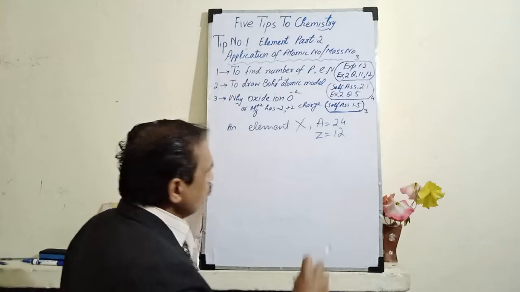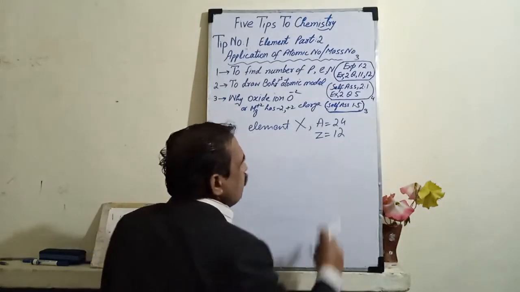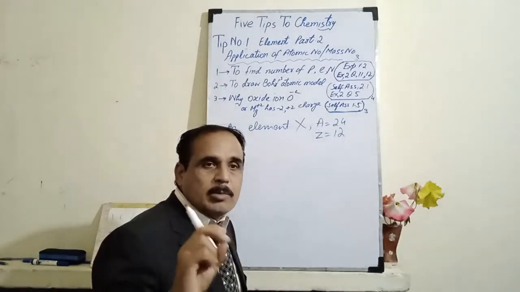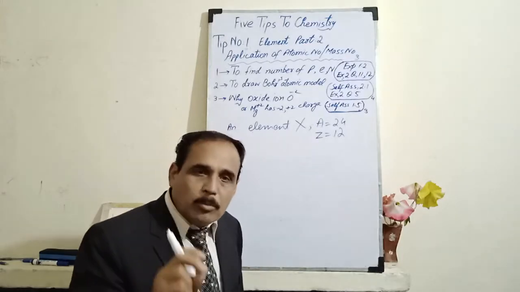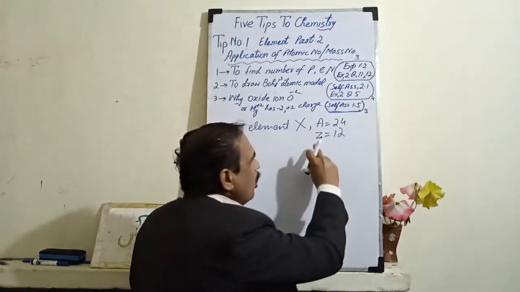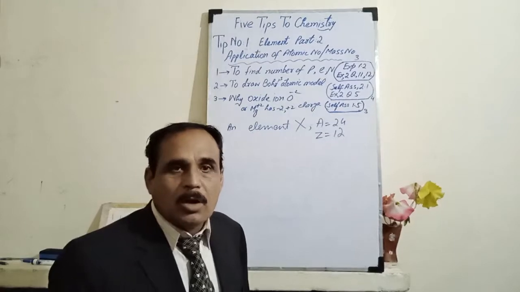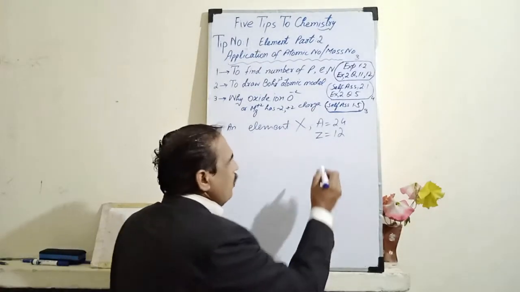For example, atomic number is 12. Atomic number means number of protons 12, number of electrons 12.